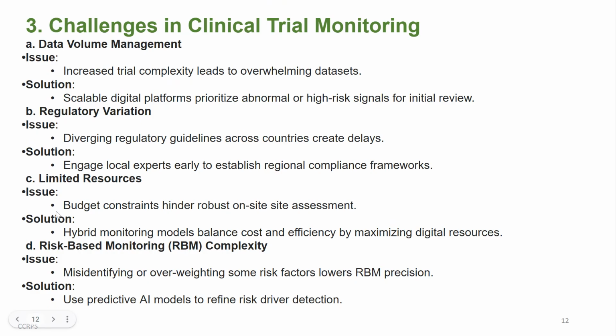C, limited resources. Issue: budget constraints hinder robust on-site assessment. Solution: hybrid monitoring, combining distance and physical, in-person monitoring. Hybrid monitoring models balance cost and efficiency by maximizing digital resources, like EDC, IRT, and such.